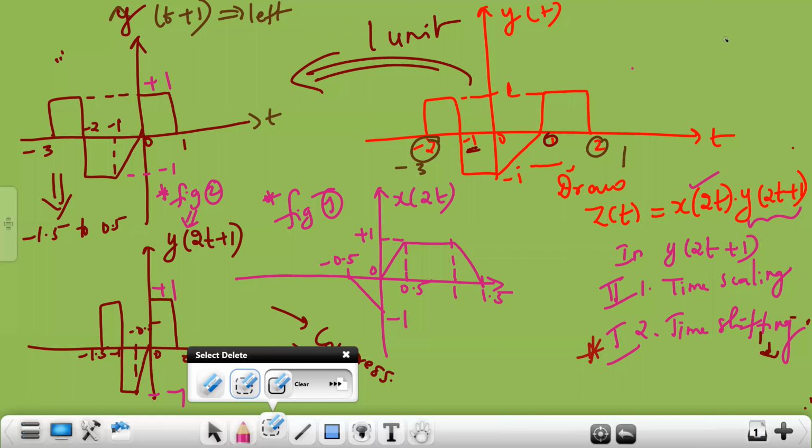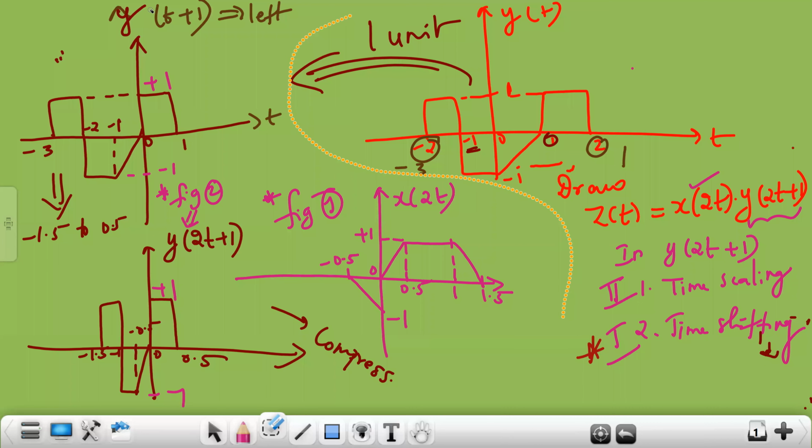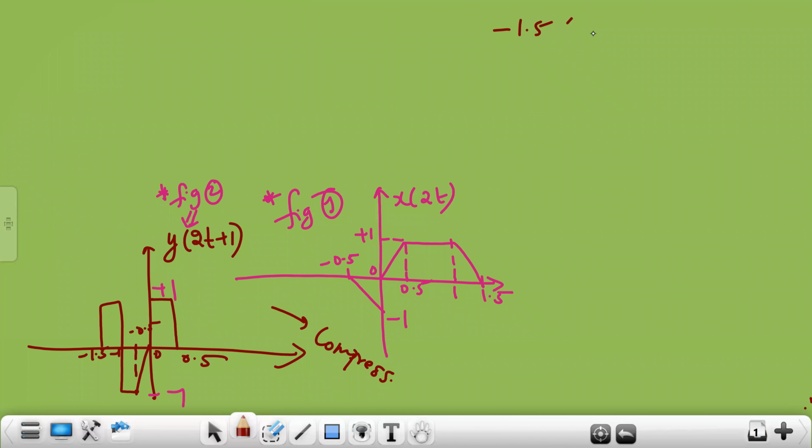So I just need to multiply and redraw the final answer. What I will do is rub the two graphs and focus on these two, and I am going to multiply. So first take the time interval from minus 1.5 to minus 0.5.